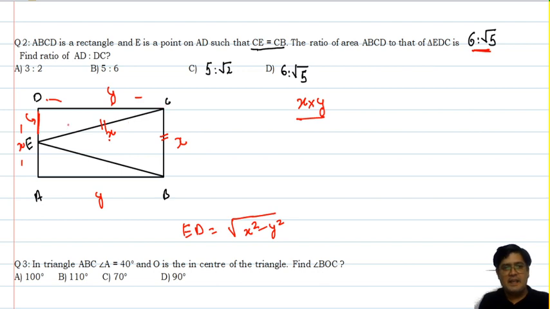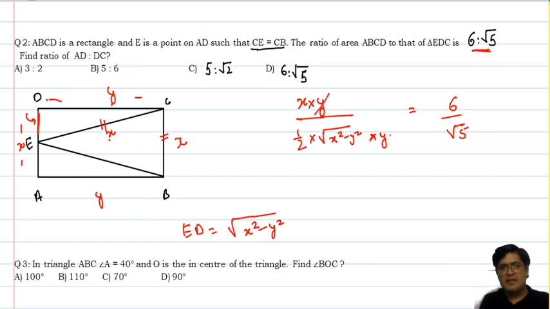Basically, ED is the perpendicular, DC is the base, and EC, x is the hypotenuse here. So area of the triangle is half base into height, and that is given to me as 6 upon root over 5.